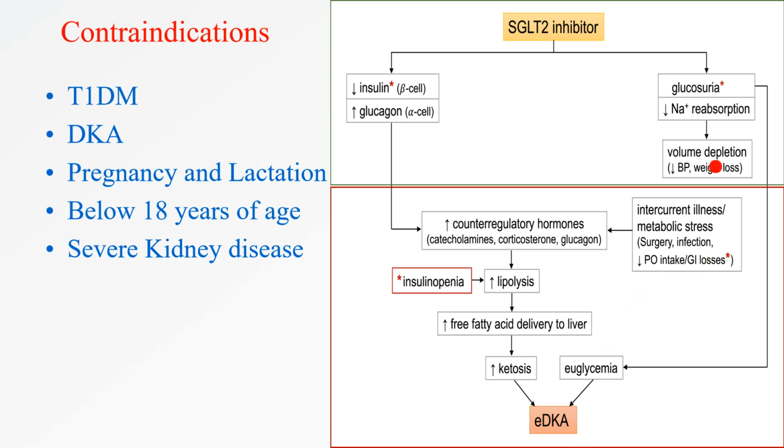As we know, they cause glucosuria and decreased sodium resorption, so they cause euglycemia, meaning the blood sugar is controlled to the normal range, but they also cause a decrease in insulin secretion and an increase in glucagon because of increased counter-regulatory hormones like catecholamines, corticosterone, glucagon, and because of insulinopenia, or decreased insulin, there is increased lipolysis, increased free fatty acid delivery to the liver, and hence they lead to ketosis. So because of this euglycemia and ketosis, we call it euglycemic diabetic ketoacidosis.